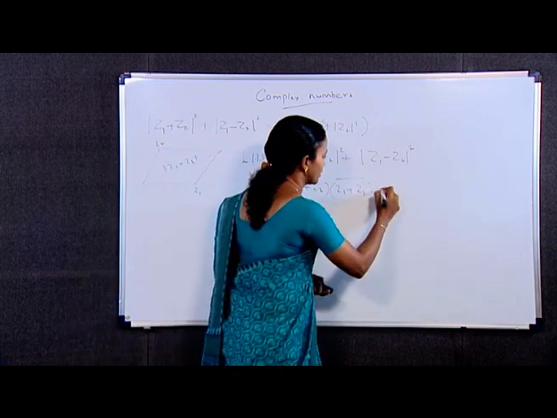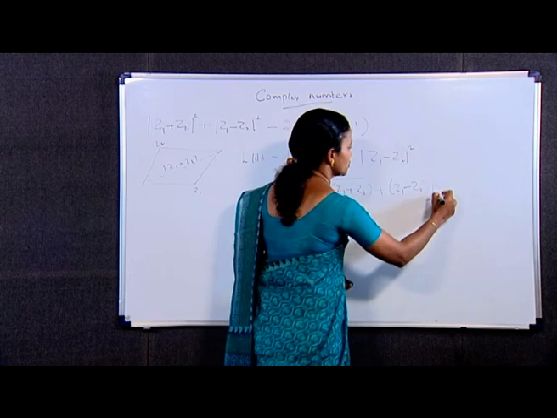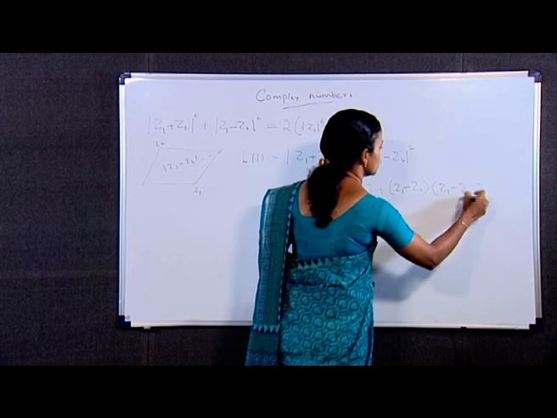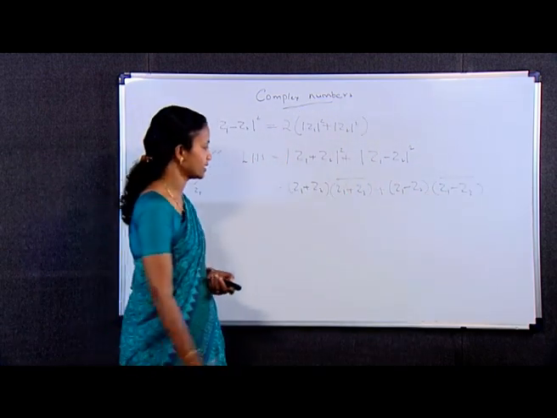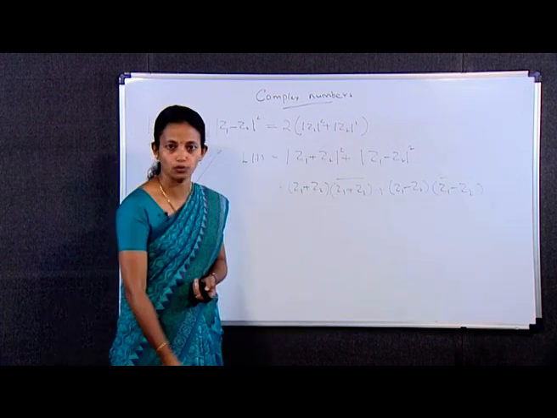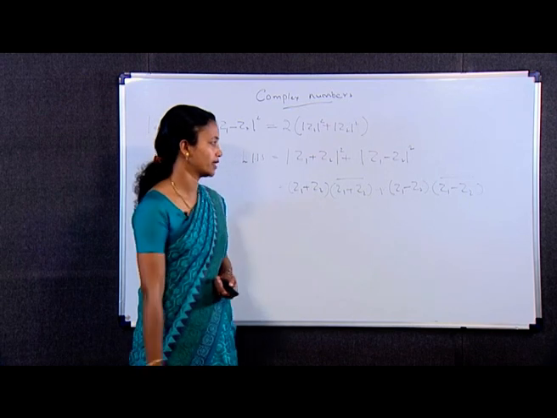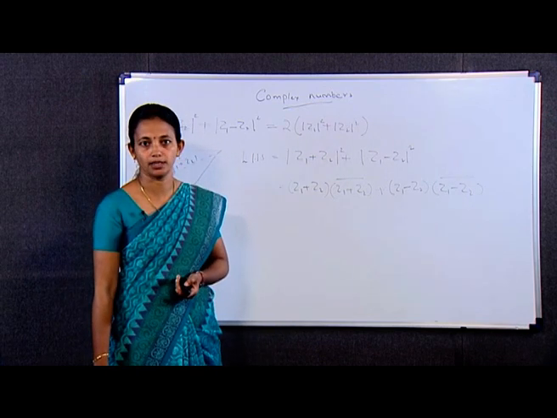Similarly, this also we can write as plus Z1 minus Z2 into Z1 minus Z2 conjugate. This we can write as Z1 plus Z2 into Z1 conjugate plus Z2 conjugate plus Z1 minus Z2 into Z1 conjugate minus Z2 conjugate.